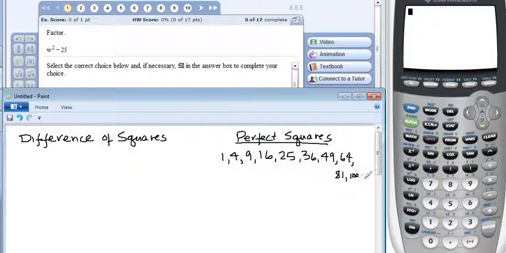I'm just going to go down here because I didn't leave myself enough room, and on and on and on and on. What am I doing? Well, 1 times 1, 2 times 2, 3 times 3, 4 times 4.